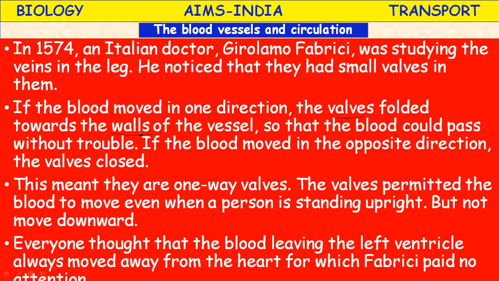Okay, this meant that there is only one way flow. The valves permitted the blood to move even when a person is standing upright. So when a person moves his legs or just tightens his leg muscles, those muscles squeeze the veins and force the blood in those veins to move upward against the pull of gravity, because that's the only way to move.